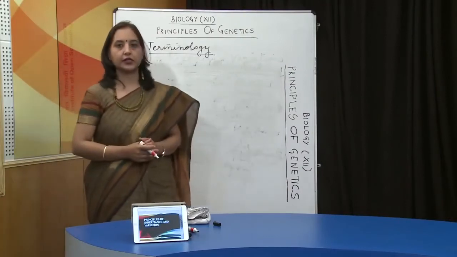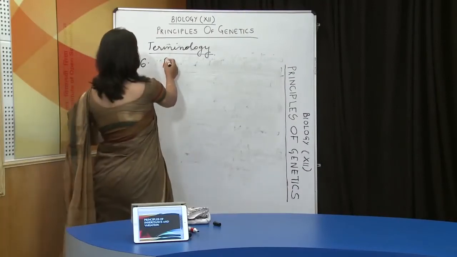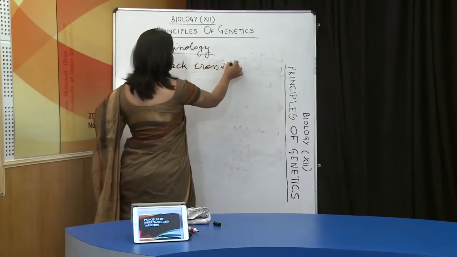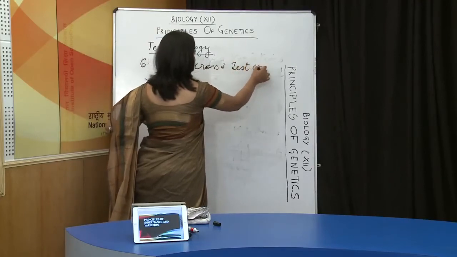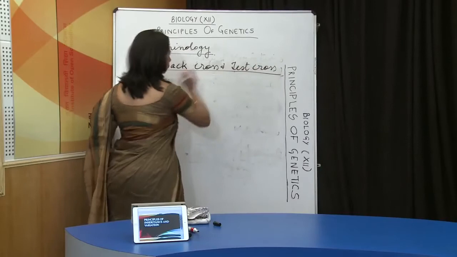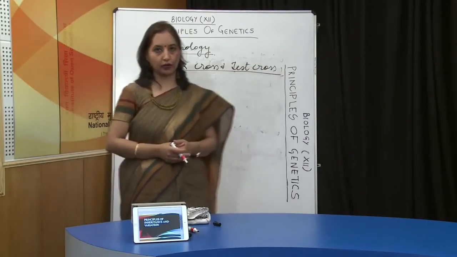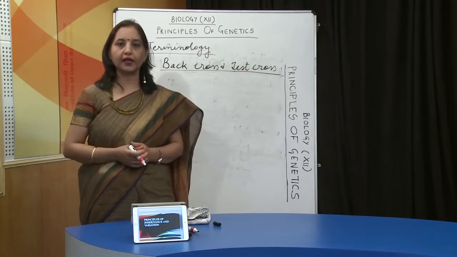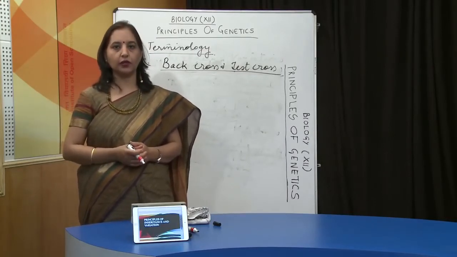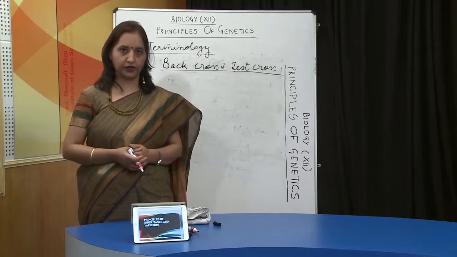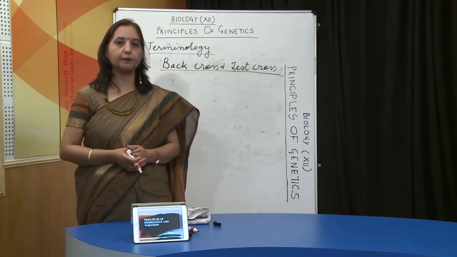Next term is back cross and test cross. Now, what is a back cross? When we cross two plants and we get the first generation, and we again cross it with either of the parents, that's called a back cross.